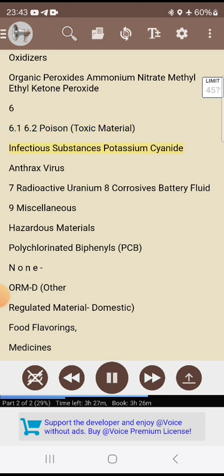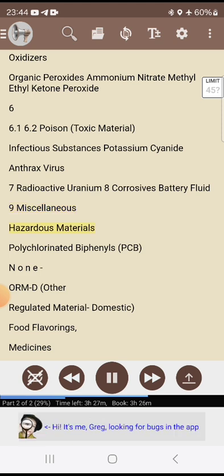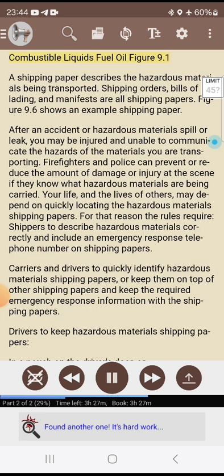Examples: potassium cyanide, anthrax virus. Class 7: radioactive, uranium. Class 8: corrosives, battery fluid. Class 9: miscellaneous hazardous materials, polychlorinated biphenyls PCB. None: ORM-D, other regulated material domestic: food flavorings, medicines, combustible liquids, fuel oil. Figure 9.1.